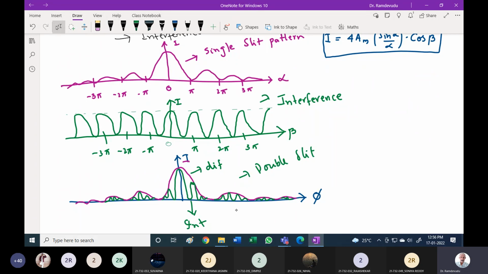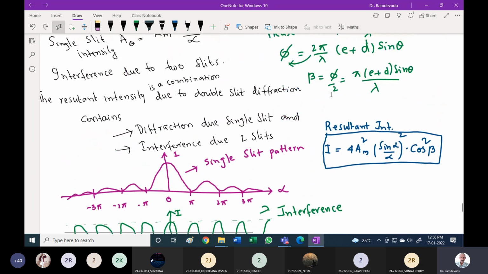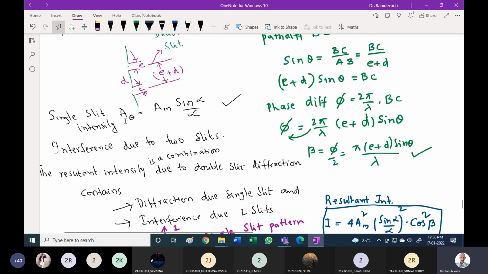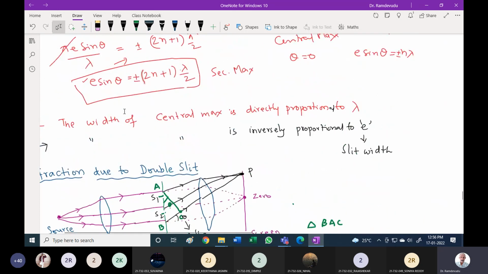Therefore, we have the central fringe system, in which we can see interference. Here the beta is this, and we will use this beta again and again for deriving an expression for the N slit.